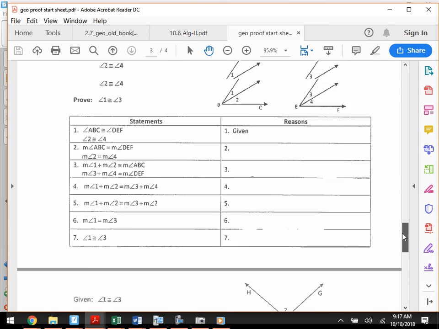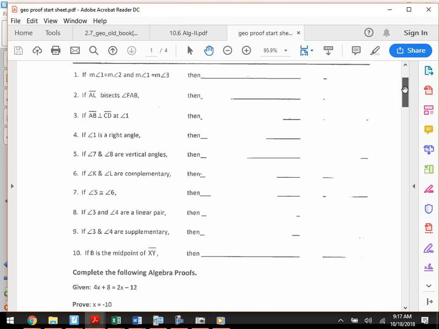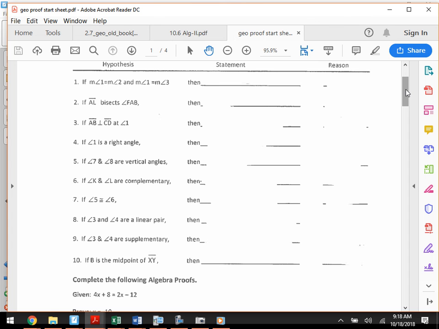But also, I want you guys to walk through these if-then statements. That way you can get the idea of what properties are being used by looking at something. For example, if I have angle 1 equals angle 2 and angle 1 equals angle 3, what could you say?